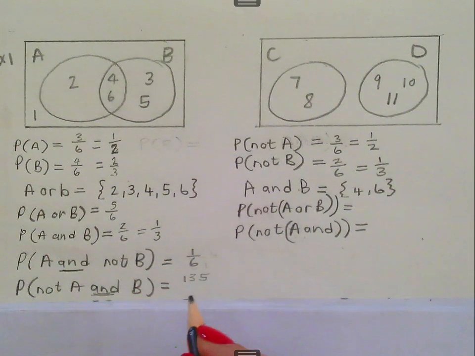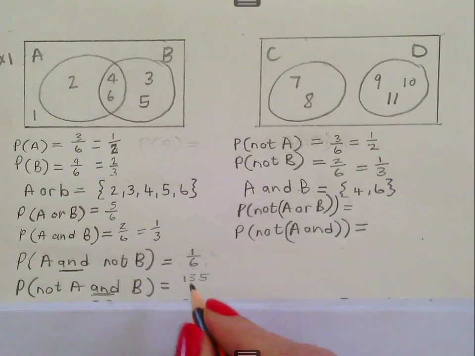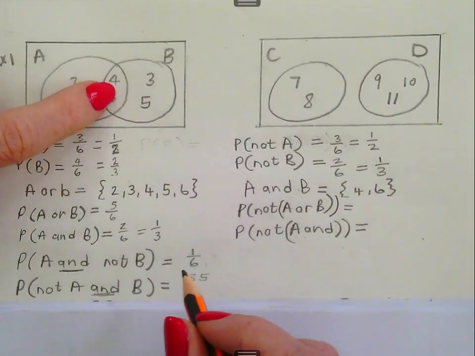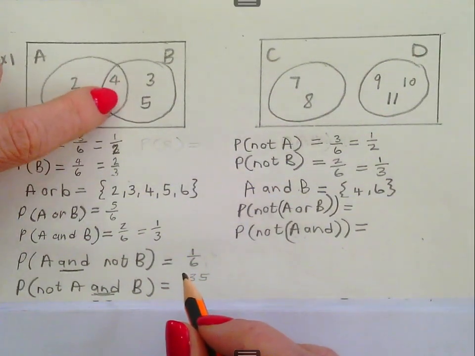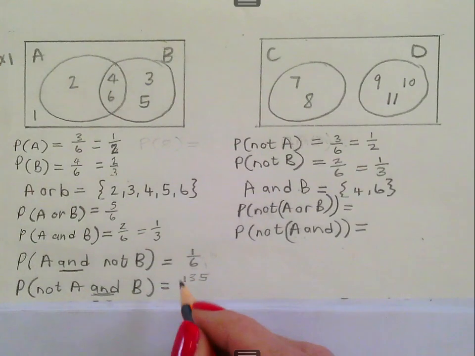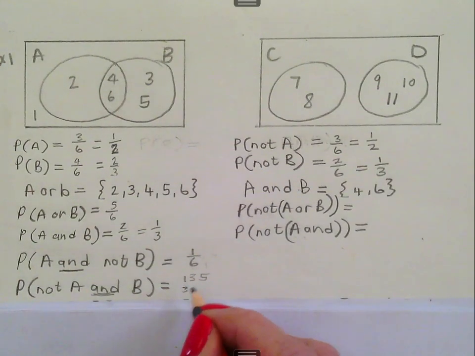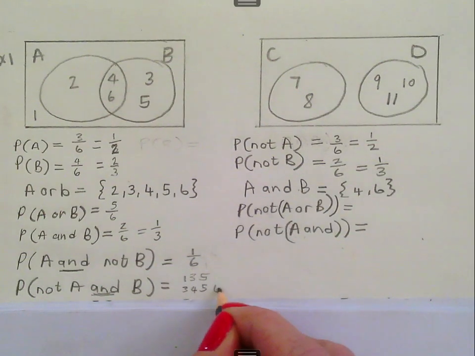Everyone that's not in A's circle. The next one is and B. Who is in B's circle? Is that B's circle, that small part there? 3, 4, 5 and 6.